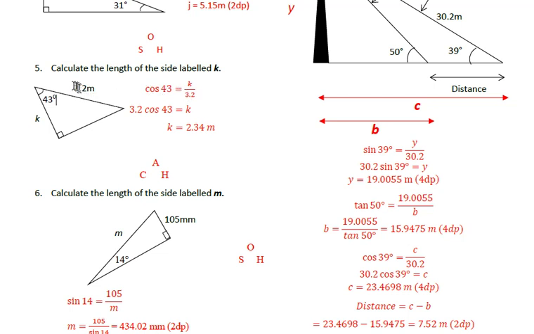Now our H value, the longest side over here, instead of H we've written 3.2. Once again, you can move this 3.2 over to the other side and erase this divided by 3.2, becomes times 3.2 on the other side. So we get 3.2 cos 43 equals K. Now all you have to do is put that into the calculator and you'll end up with the answer K equals 2.34 meters.